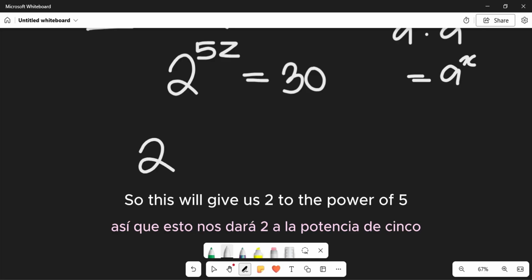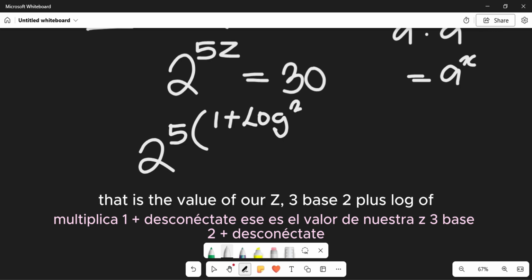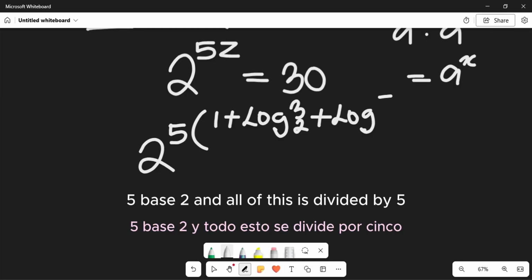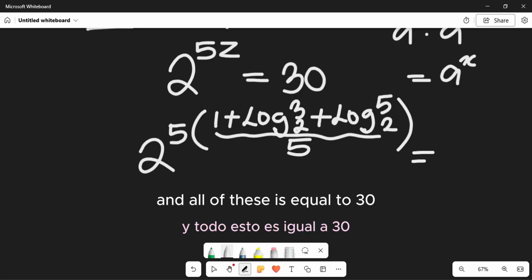So this will give us 2 to the power of 5 multiplied by 1 plus log of 3 base 2 plus log of 5 base 2, and all of this is divided by 5, and all of this is equal to 30.